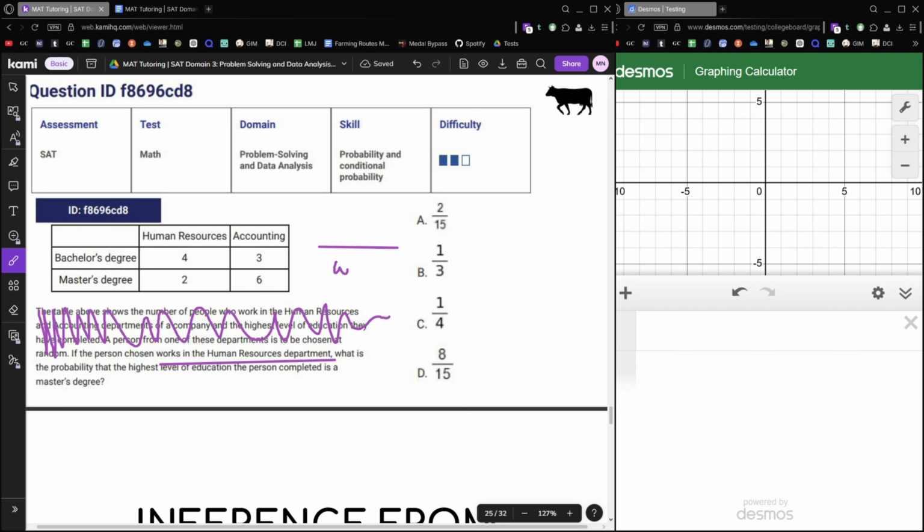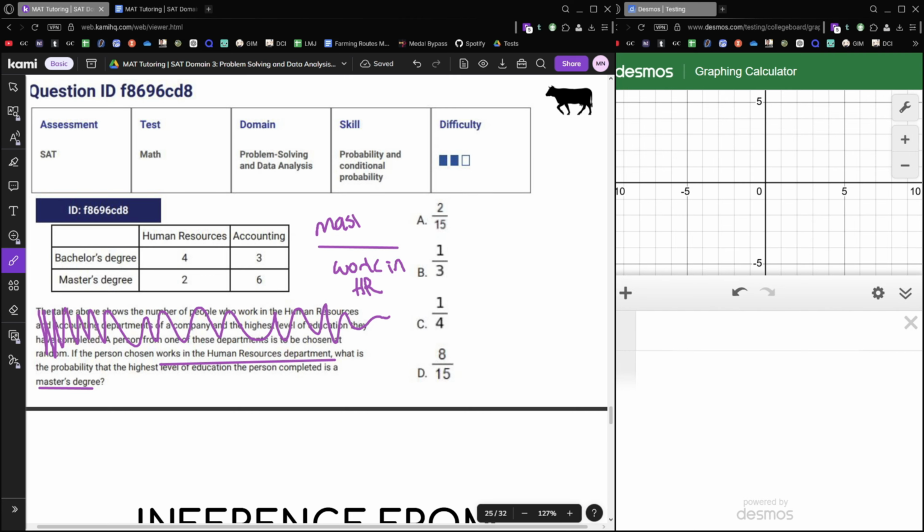They're going to have to work in HR. Let's keep reading. What is the probability that the highest level of education the person completed is a master's degree? So that's going to be our top number. It's going to be what we want. And what we want is that their level of education is a master's degree.